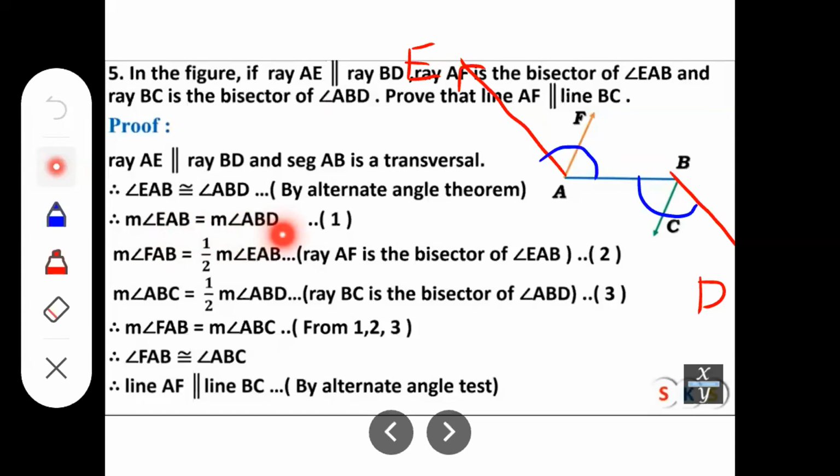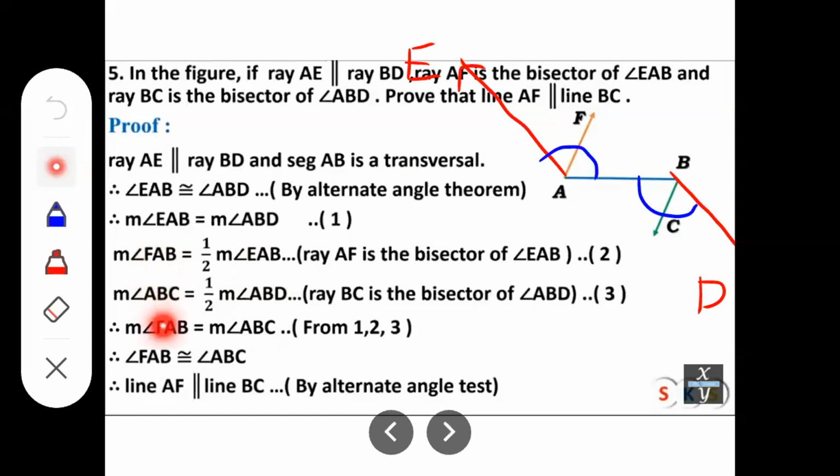Now see equations 2 and 3: since EAB is equal to ABD, the right side of both equations is equal, by equation 1. So if RHS equals RHS, then LHS is also equal to LHS.